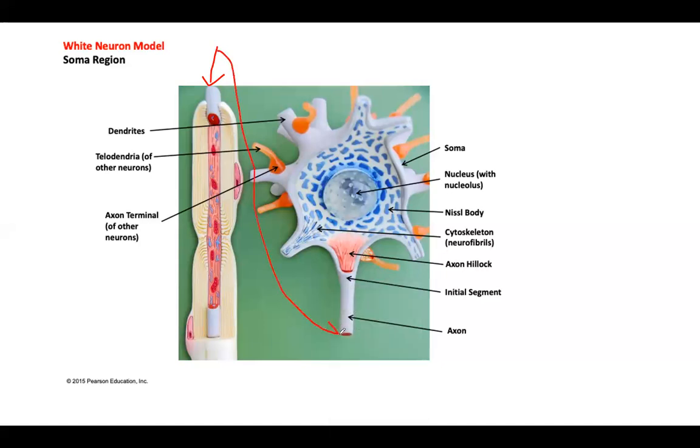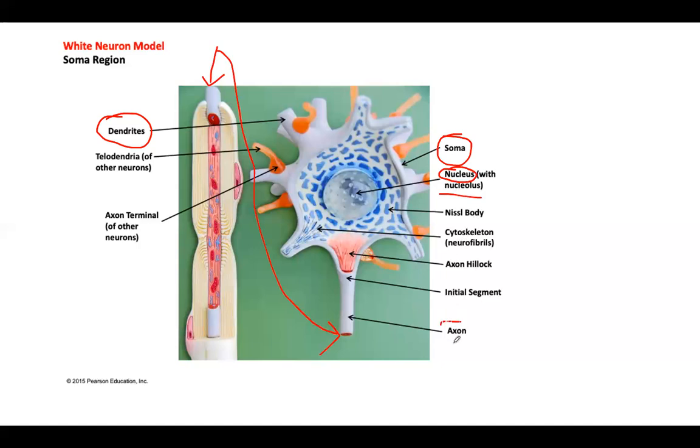To make it fit on this small board, they cut it, but this really would be an extension of right here. So we could see some of the main structures. I'll circle them. The dendrites. Here's the soma, or the cell body. Right in the center, we see the nucleus, with the nucleolus.